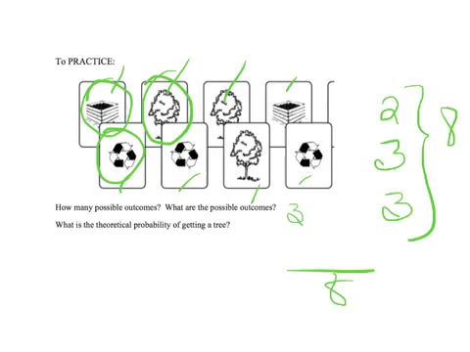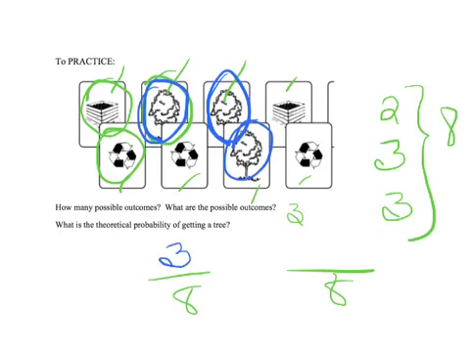The theoretical probability of getting a tree, well, in total we know there are 8 cards, so that makes our bottom number. Our bottom number is the total. The number of trees, well, we've got 1, 2, 3 trees, so that becomes our top number. 3 out of 8 is our probability of getting a tree. If we wanted to continue, for the recycle signs, there's also 3 out of 8 likelihood, theoretically, for getting a recycle sign.